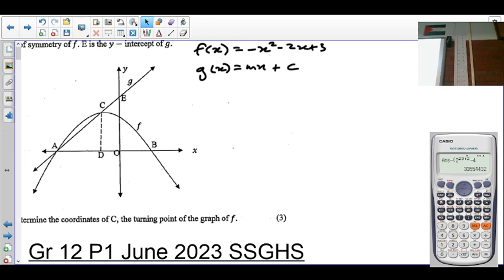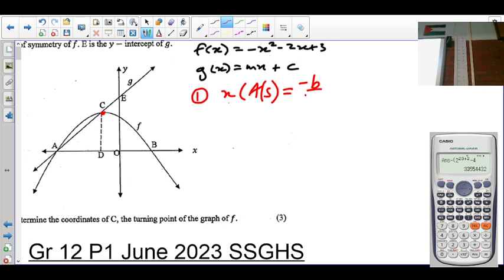Okay. First question. Number 1, we are asked, determine the coordinates of C. People, C, I don't understand why some of you got this wrong. C is a turning point. Okay, which is the x value for, in other words, your axis of symmetry. Needs to be calculated first, which is minus b over 2a. So it's coming from f of x. So it's minus negative 2 over 2a, which is negative 1.